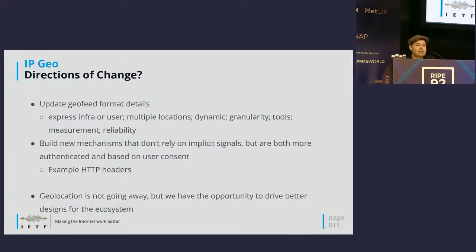So there are some changes from the workshop. One of them is it was fairly clear that people don't like the CSV format for GeoFeeds, right? CSV is annoying to parse and it's not very expressive. So on Monday, I submitted a new draft, which is the same GeoFeed stuff, but in JSON and with a new mandatory last updated time. A lot of people want to add additional info to that.